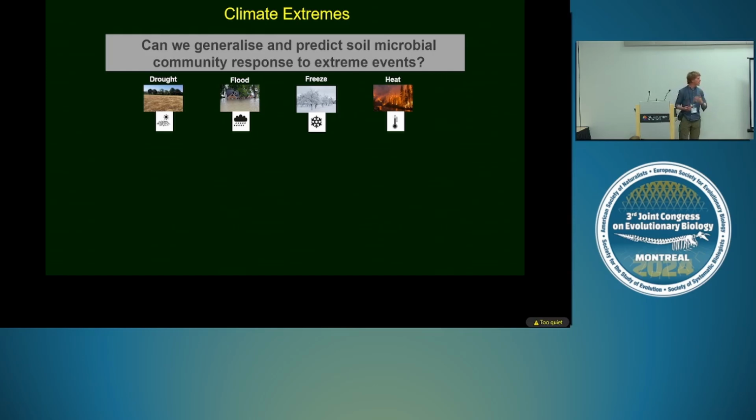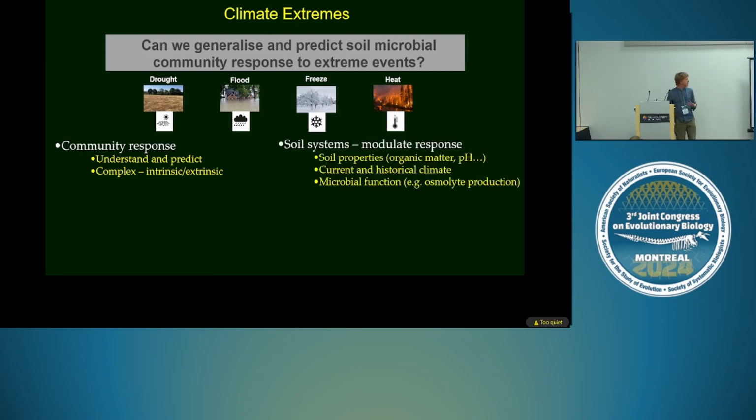So the frequencies of droughts or high temperature events. What we're going to do is think about the community responses to those events, because we want to understand and be able to predict what those responses are going to be like. Inevitably, those are going to be complex mixtures of intrinsic and extrinsic effects. The soil systems are highly variable.